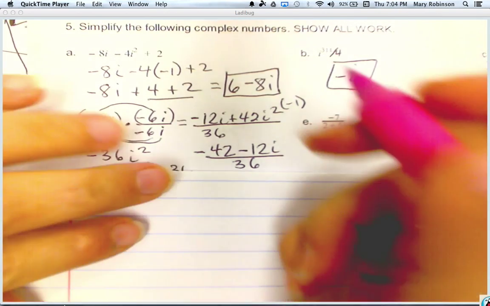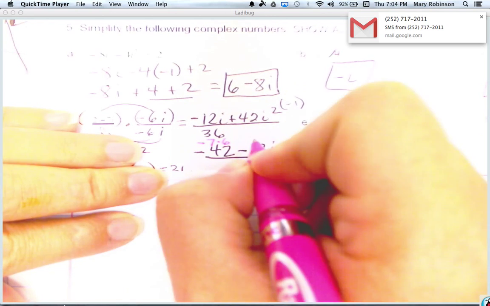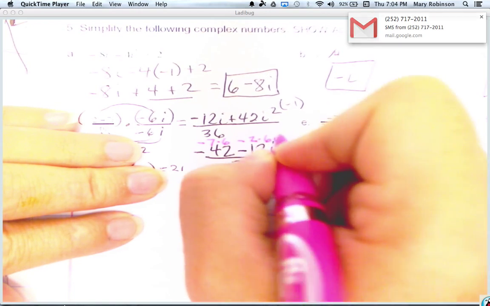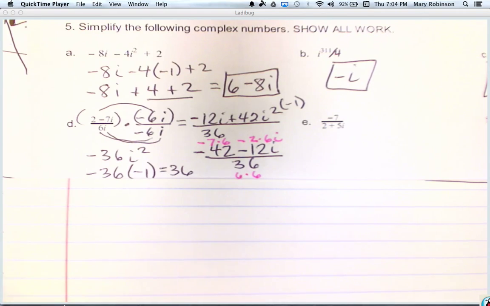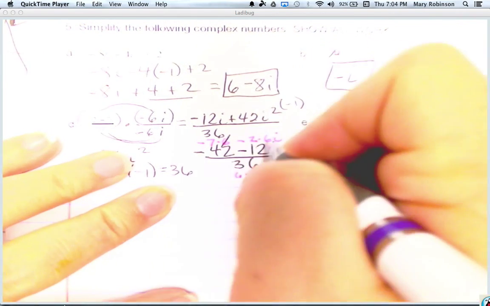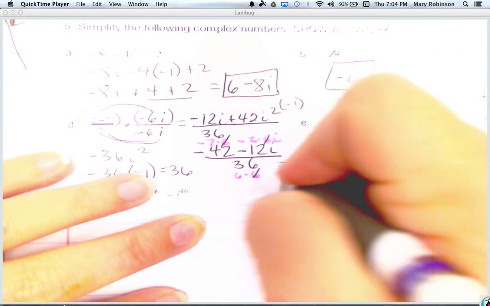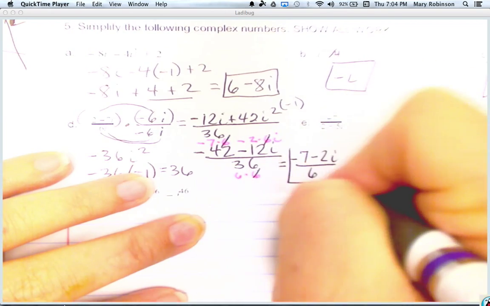In fact, I'm going to write above here that this would be like a negative 7 times 6 minus 2 times 6i. And this, of course, is 6 times 6. So if we cancel a 6 from each one, that leaves us with a final answer of negative 7 minus 2i over positive 6.